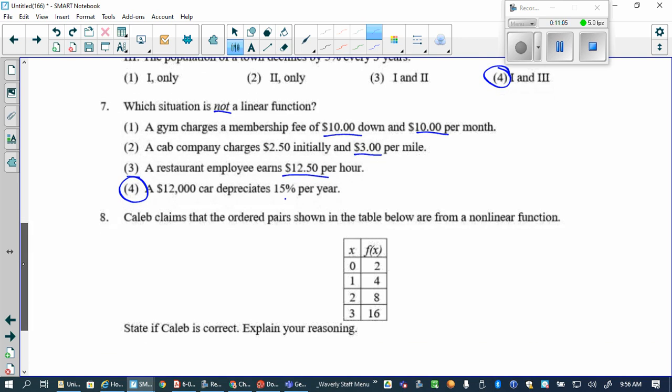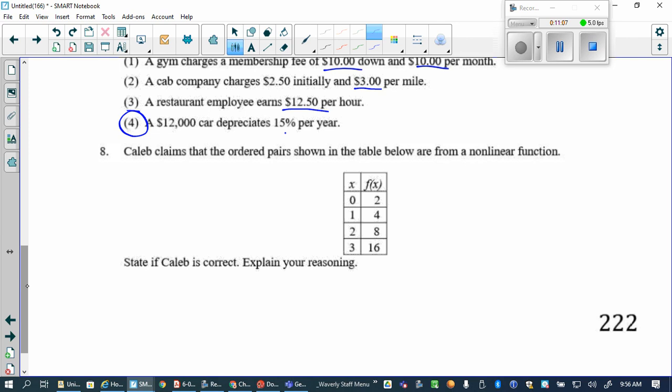Now we're on the last one. Why don't you read the problem and see what they're asking? Caleb claims that the word pairs shown are from a nonlinear function. Why didn't you read that first?